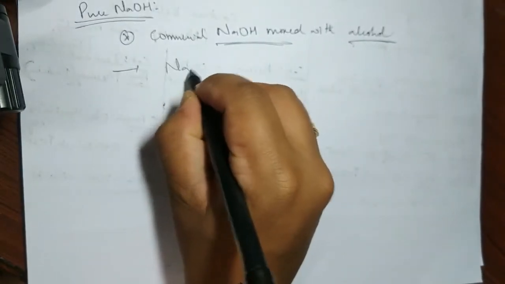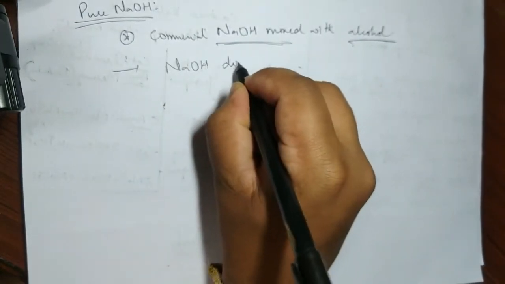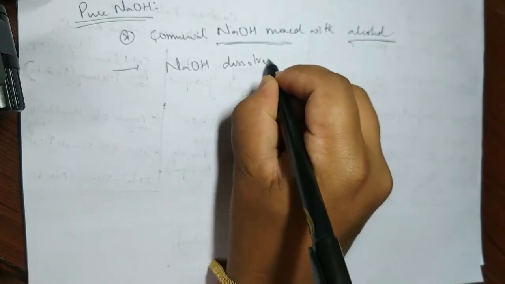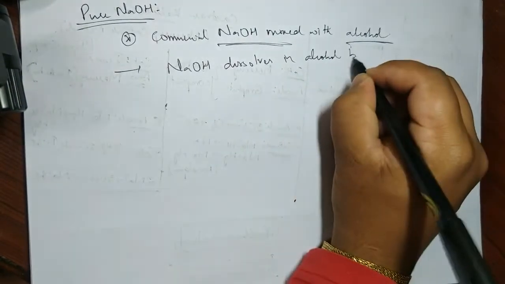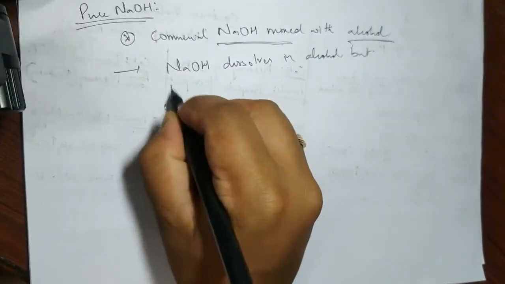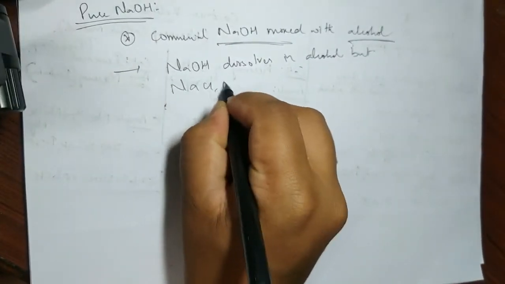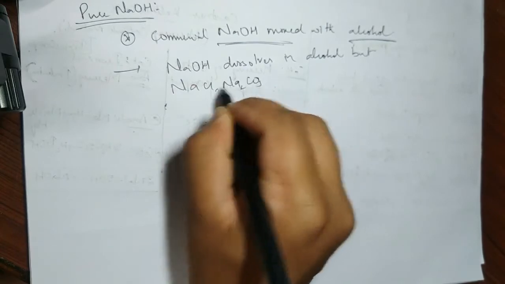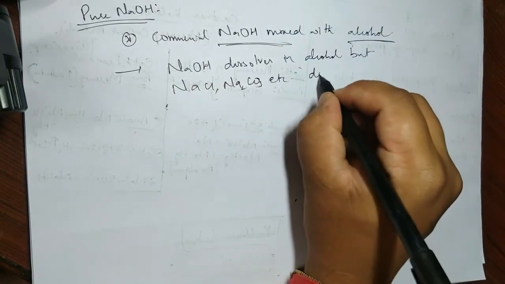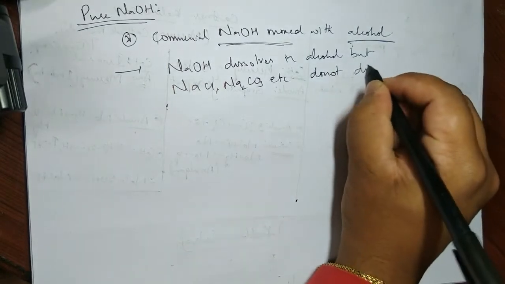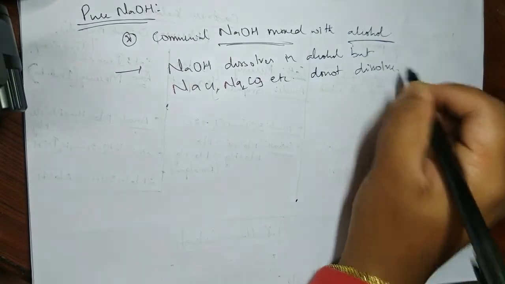So I'll write the point here: NaOH dissolves in alcohol, but the impurities, NaCl, Na2CO3, basically the main impurities, etc., don't dissolve in alcohol.